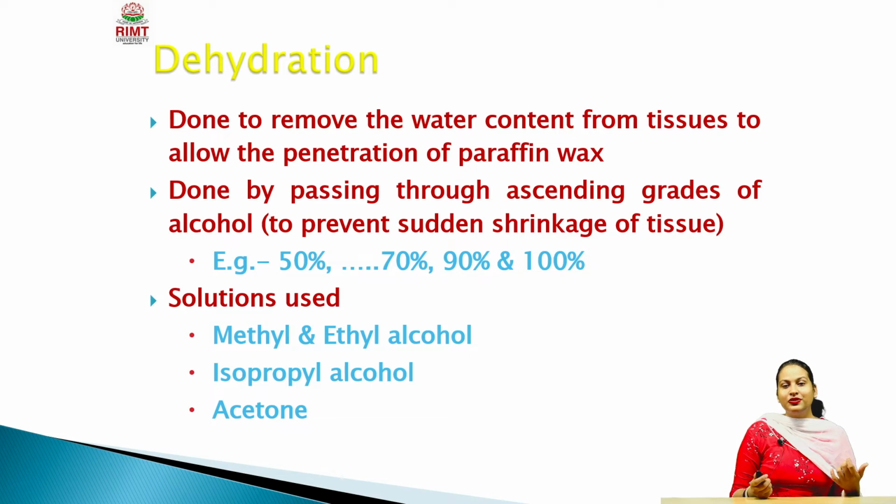The next step is with the paraffin wax, and dehydration is done by passing through ascending grades of alcohol to prevent sudden shrinkage of the tissue, from 50% to absolute alcohol concentration. The solutions used here are methyl and ethyl alcohol, isopropyl alcohol and acetone.